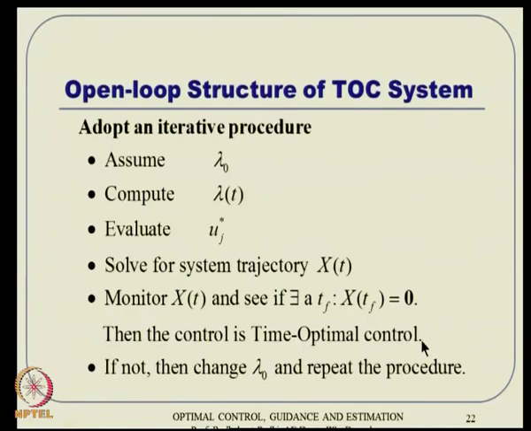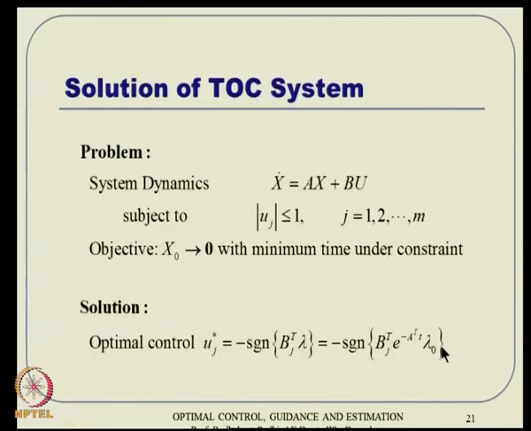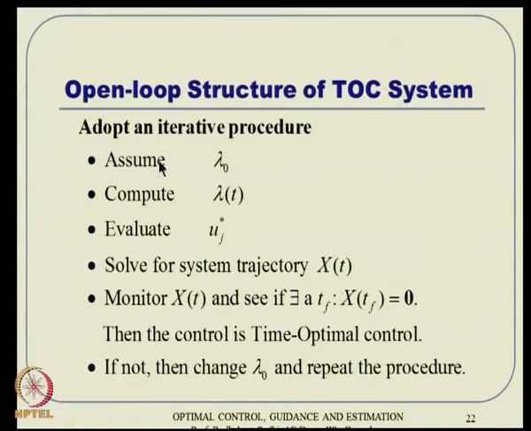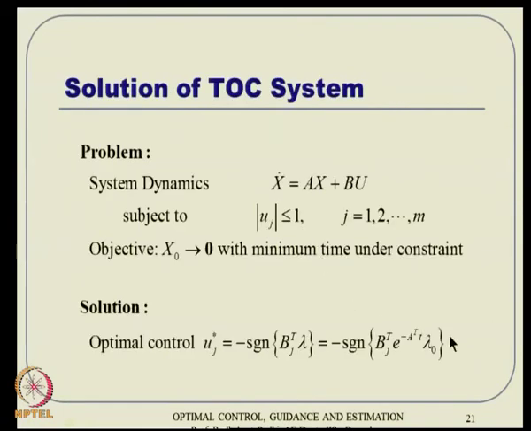So, then somebody can think about an easy way of doing that. If this is the case, the only thing that is not known to me is really lambda naught, the initial condition of lambda. Then I can start with some guess value, I will guess some lambda naught, and everything else will be self driven. This expression can evolve once lambda naught is known. So, I keep computing this expression and evaluate the negative signum of that expression.